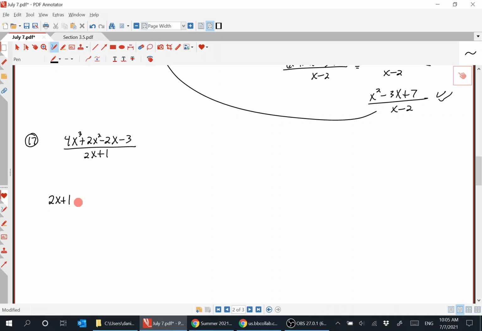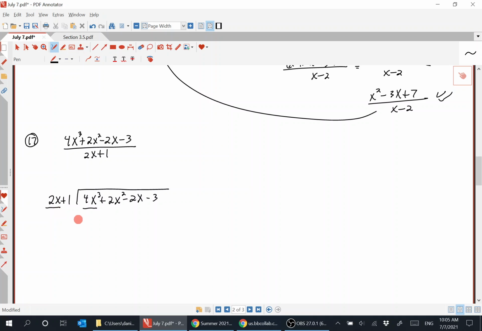So I'm dividing the numerator by the denominator. So what do I need to multiply the leading term here, 2x, to match the leading term here, 4x to the third? What would be the first term in my quotient?